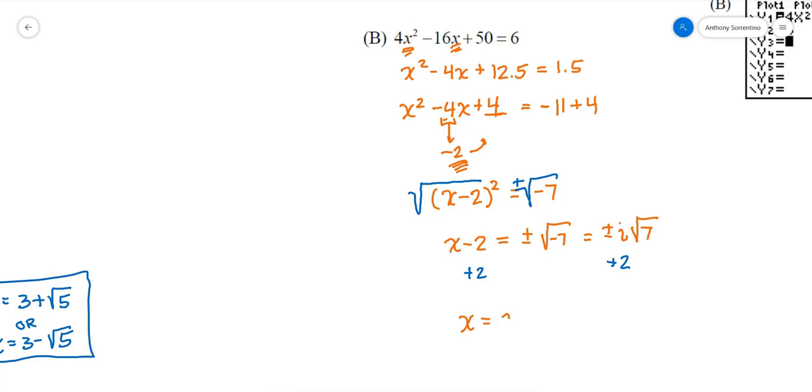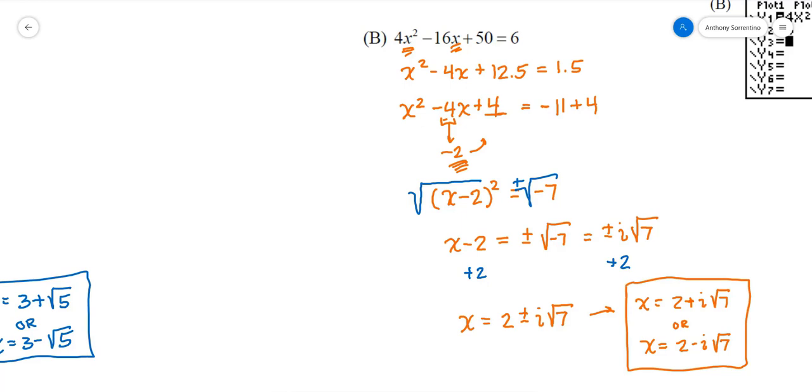So I'm going to have 2 plus or minus i times the square root of 7, which of course is the same way of saying either x equals 2 plus i square root 7 or x equals 2 minus i square root 7 as my two solutions.